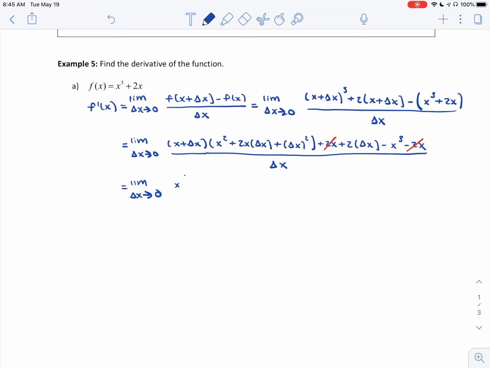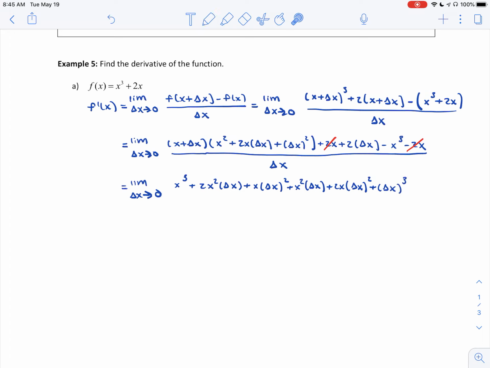So we'd get an x cubed plus 2x squared delta x plus x delta x squared, and then plus x squared delta x plus 2x delta x squared plus delta x cubed.